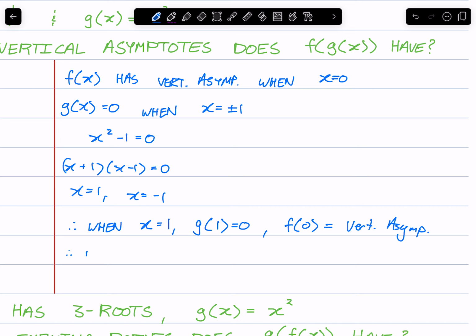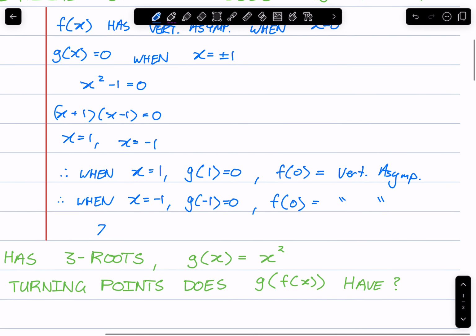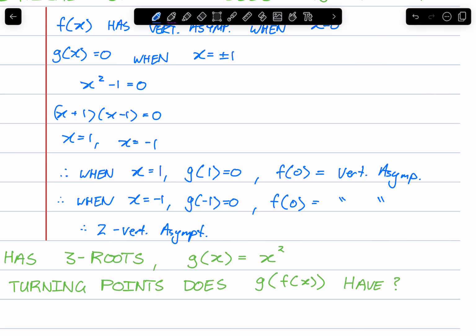Likewise, when x equals minus 1, g of minus 1 equals 0, and f of 0 equals a vertical asymptote. From here we can see therefore there are 2 vertical asymptotes.